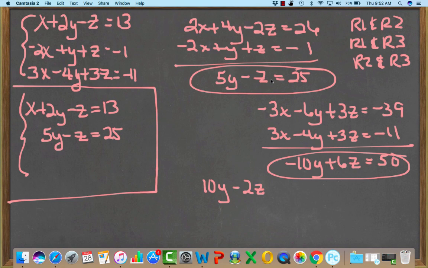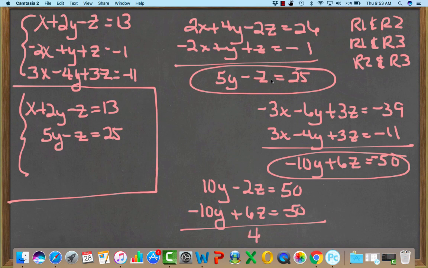And then row 3 that we just got was negative 10y plus 6z equals, and that should be negative 50, because I had negative 39 plus negative 11. But now look what happens. I get 4z equals 0. But really, if 4z equals 0, then I can go back and just make this z equals 0.